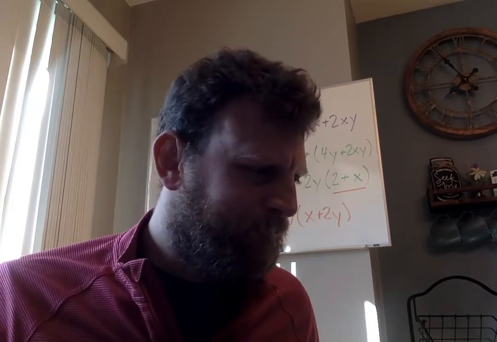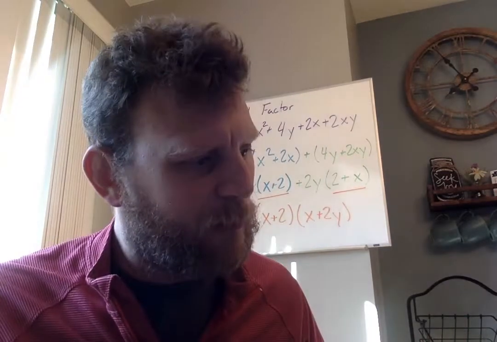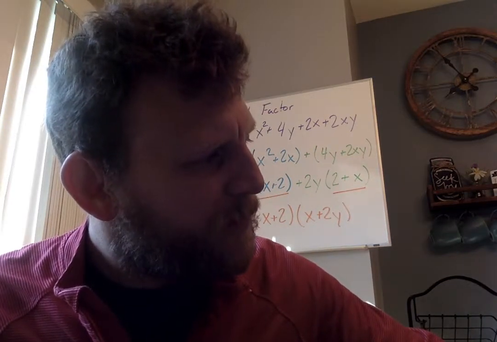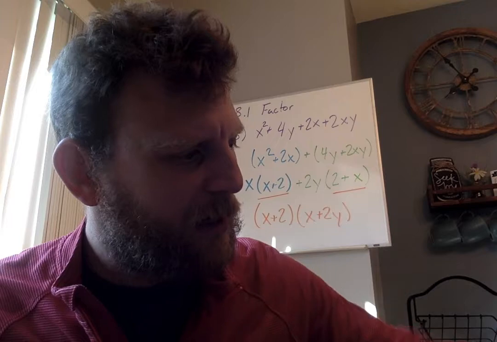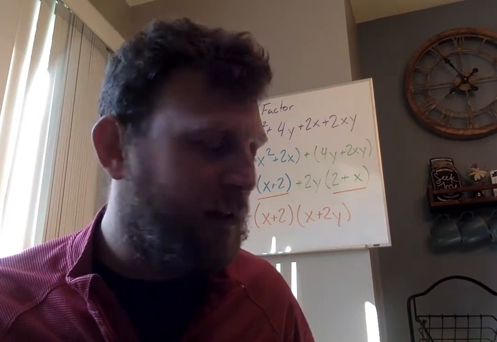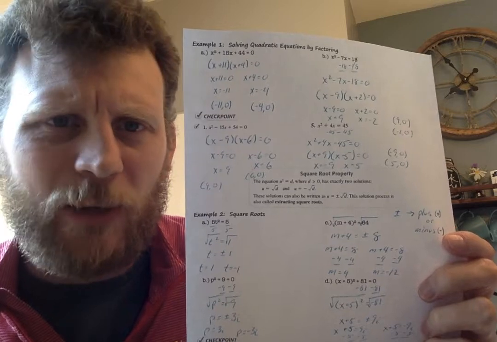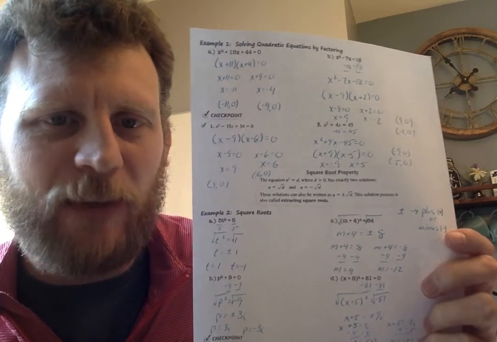Well, we're in chapter 8. We just did the intro, kind of like the basics, whatnot. Section 1 was just solving quadratic equations. We're going to actually jump right into that. We're going to move to this page, example 1, solving quadratic equations by factoring.